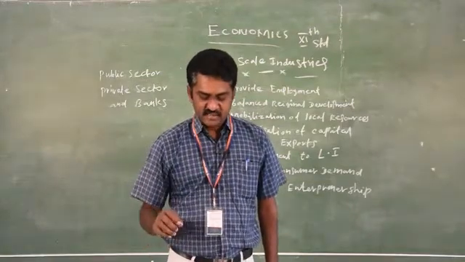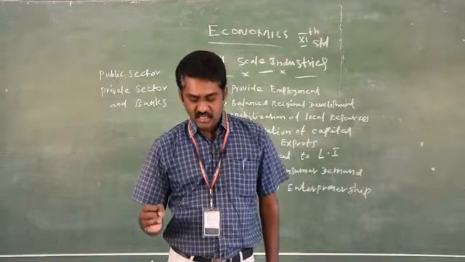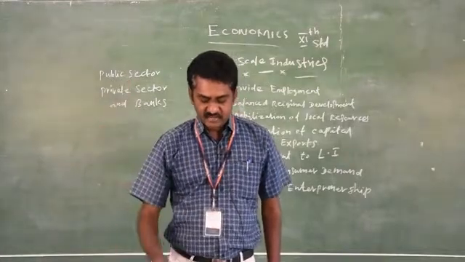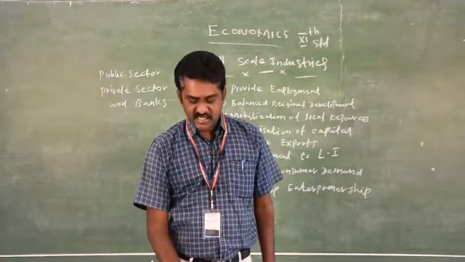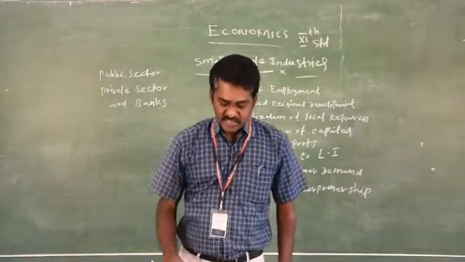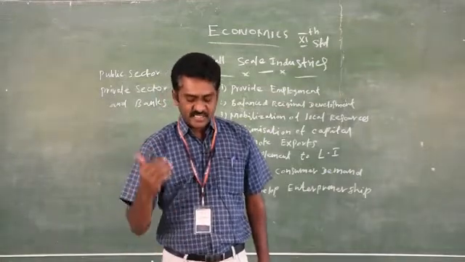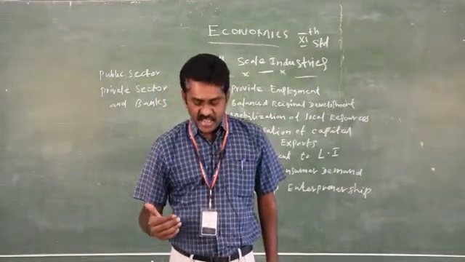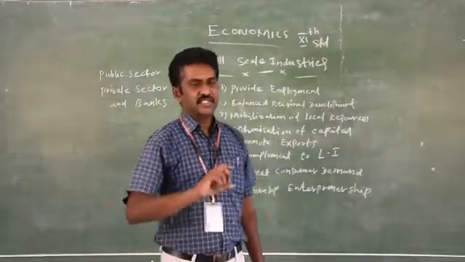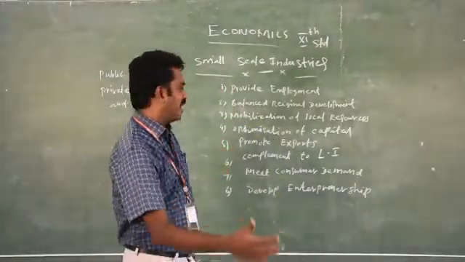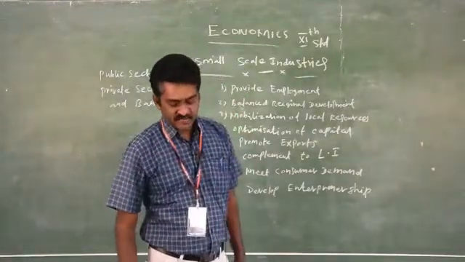They provide components and accessories to large scale industries and meet their requirements by setting up units near the large scale units. So SSIs serve as ancillaries to large scale units. This is the way small scale industries contribute to the large scale industries.